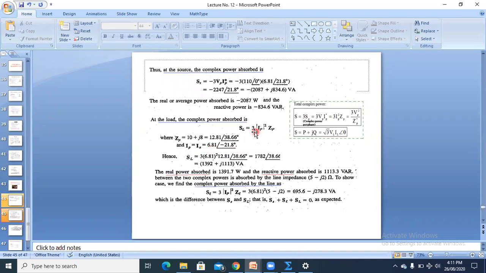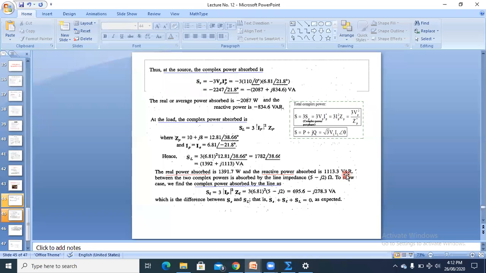Here we take the square of the magnitude only, and we are not considering the angle. So we are squaring the magnitude and multiplying it with the other value, and we will have the complex power across the load, and the power absorbed is 1392 watt, and there is 1113.3 VAR reactive power.